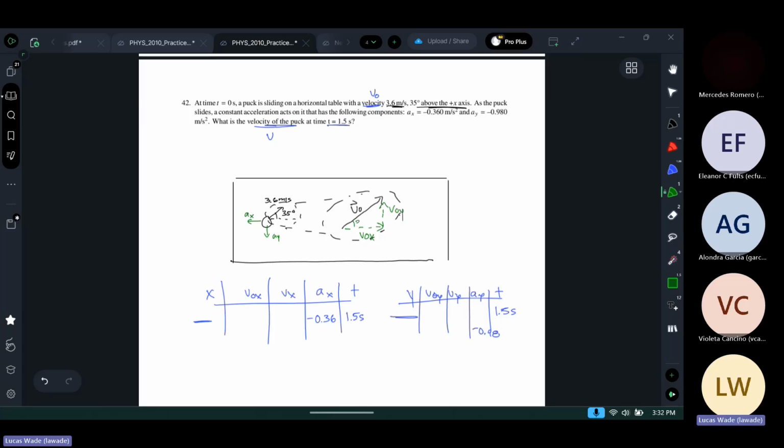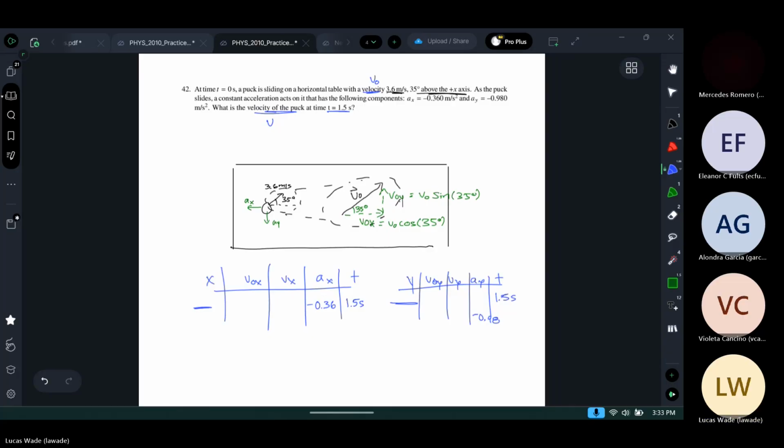And this angle is 35 degrees. So v0x would be v0 cosine of 35 degrees, it's adjacent. v0y is v0 sine of 35 degrees.